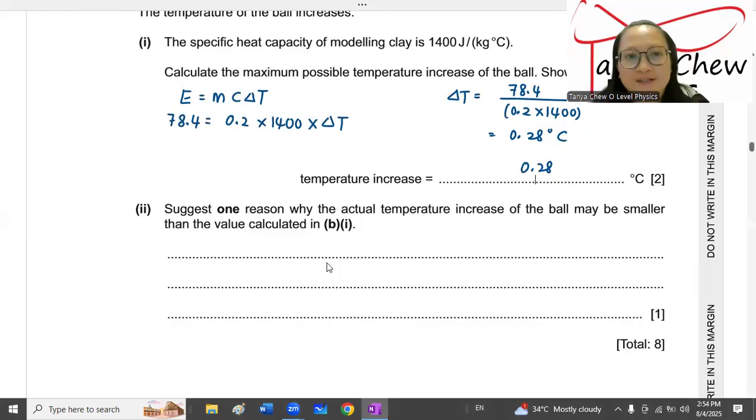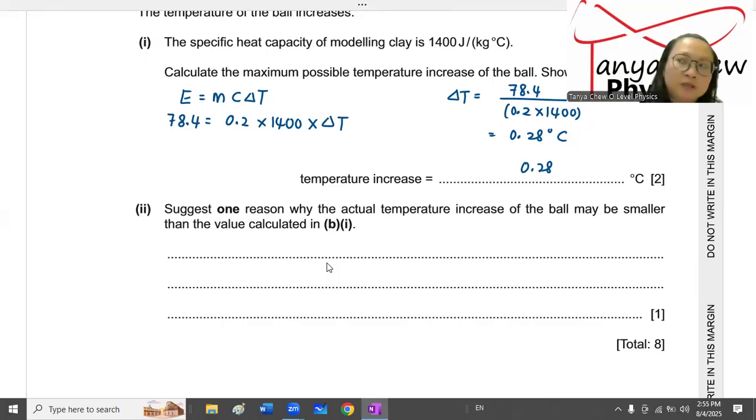Whenever a question like this is asked, all you need to do is just use your very good imagination to imagine, when I drop the ball made of clay to the ground, what could have occurred? Why does the temperature of the ball increase? It is made of clay. So when the ball hits the ground, don't you think that some of the initial energy is being transformed to sound energy as well?